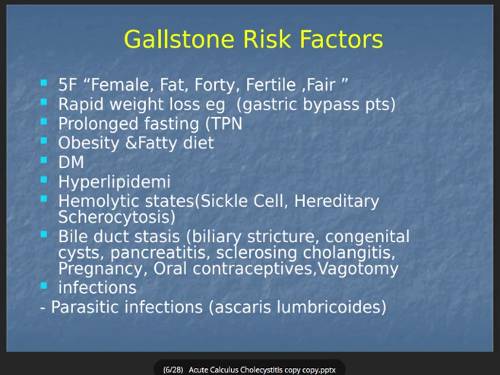We know that the RBCs have the pigments, which are bile pigments. Once they are destroyed, you will have more bile pigments in the circulation, which goes into the liver and then into the bile.